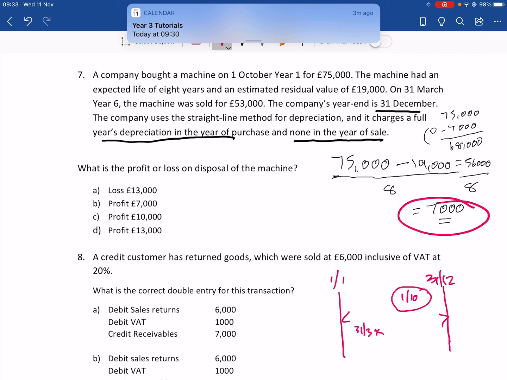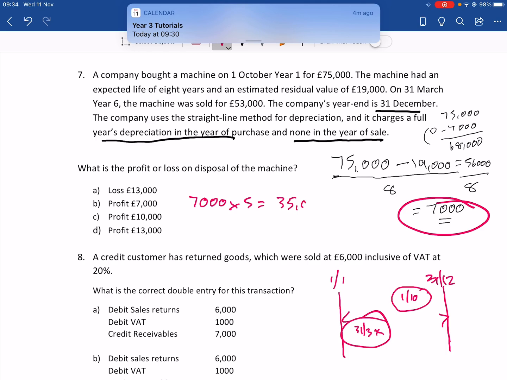So instead of the 6 years, because we sold it in that 6th year, we don't charge depreciation for that final year. So we go just over the 5 years. We do 5 years depreciation. £7,000 depreciation times the 5 years means that the cumulative depreciation, the total amount of depreciation, is £35,000.